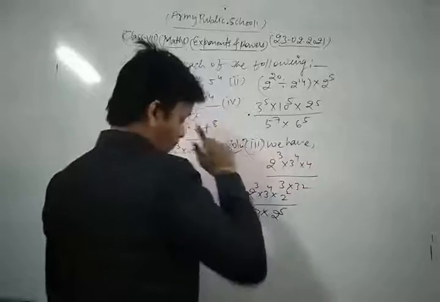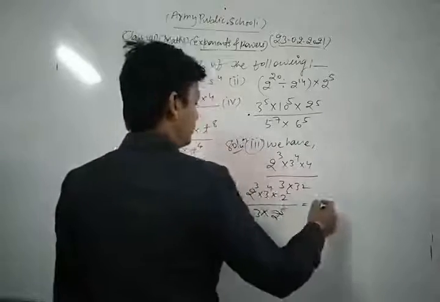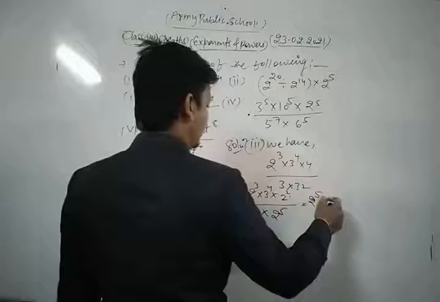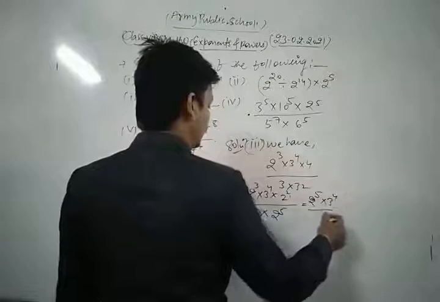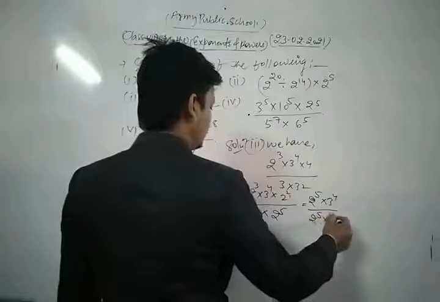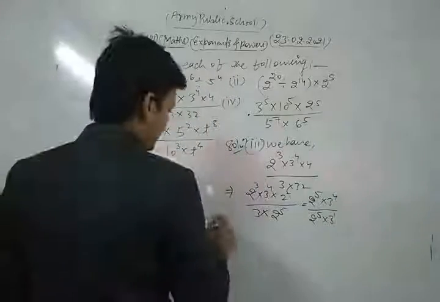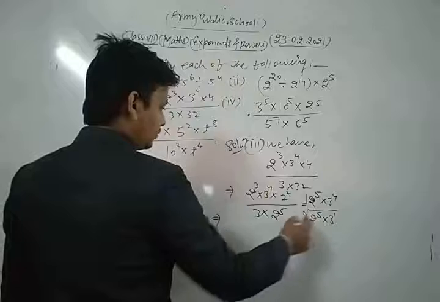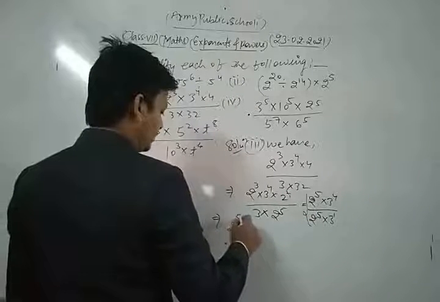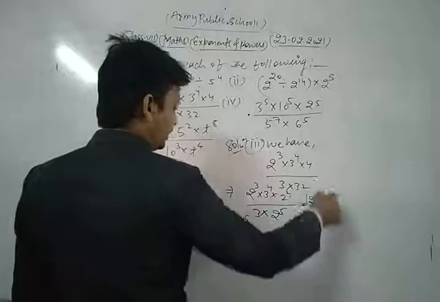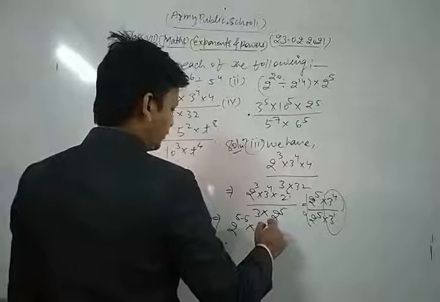Okay, now from the numerator we get 2 power 5 into 3 power 5, upon 2 power 5 into 3 power 1. Now we apply the laws of exponents, so we write 2 power 5 minus 5 into, again applying the law of exponents, 3 power 4 minus 1.